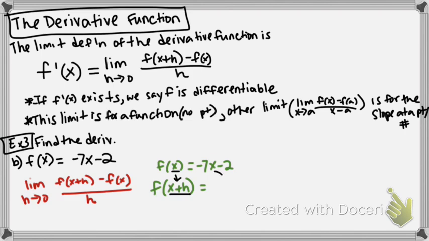So that's exactly what we're going to do down here. I'm going to replace x with x plus h. So whatever they had for x before, I'm replacing it with x plus h. And now I can distribute. That's negative 7x minus 7h minus 2. But we're going to actually wait to do that. Let's just keep it like this one first.